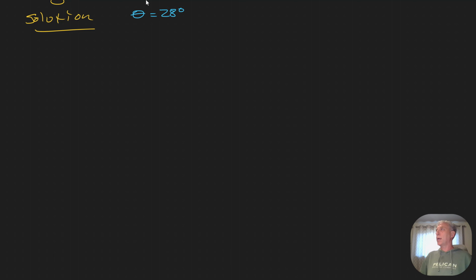I'm going to move it up and I'll rewrite my givens. Solution. Theta equals 28 degrees. Tx equals 41. Doesn't matter the units, it can be meters or feet or whatever.